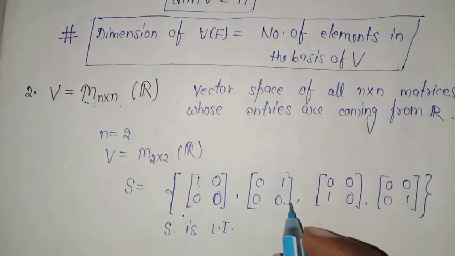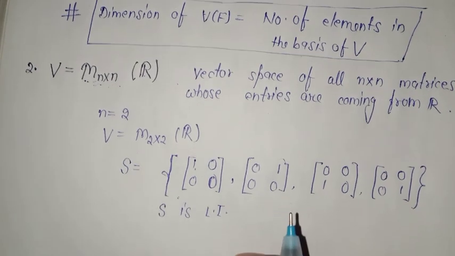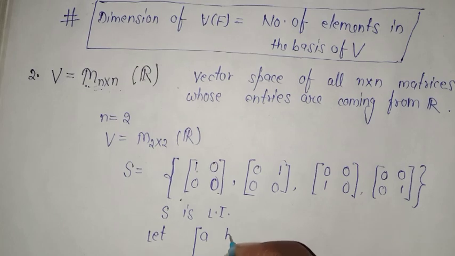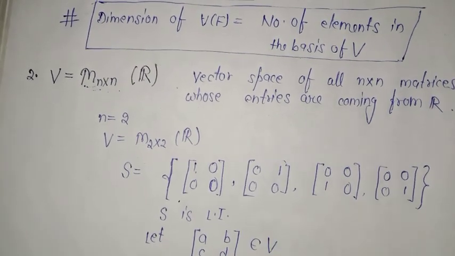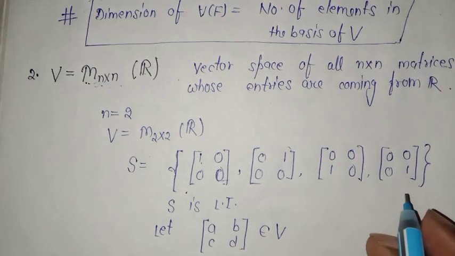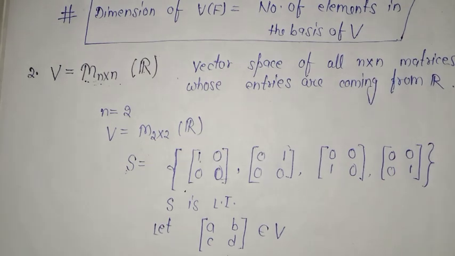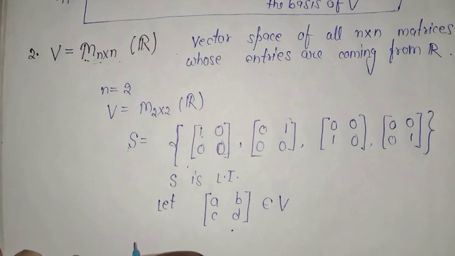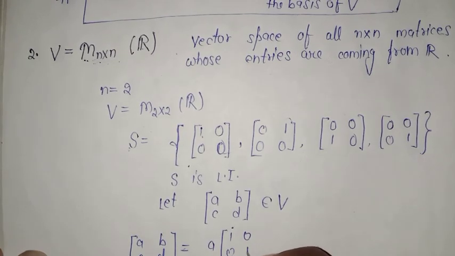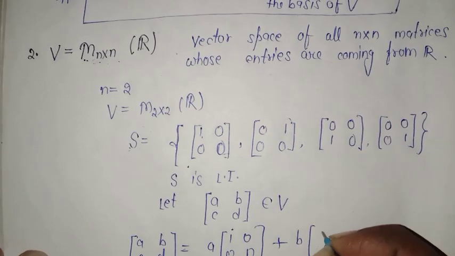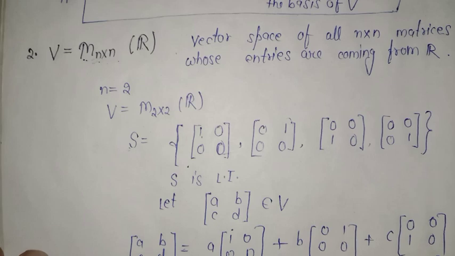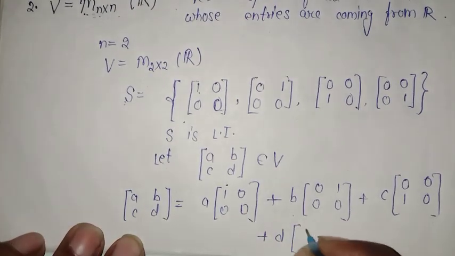Now we need to check that it spans the whole vector space V. So let an element (a b; c d) belong to V. If this element can be written as a linear combination of the elements of S, then we can say that S forms a basis for V. So (a b; c d) can be written in matrix form as a (1 0; 0 0) plus b (0 1; 0 0) plus c (0 0; 1 0) plus d (0 0; 0 1).